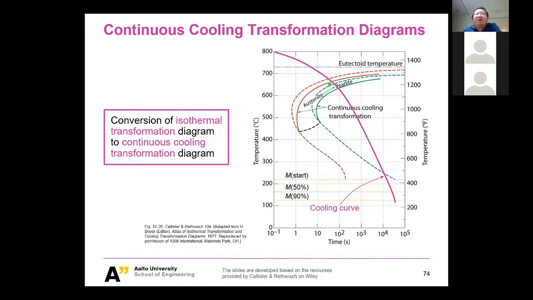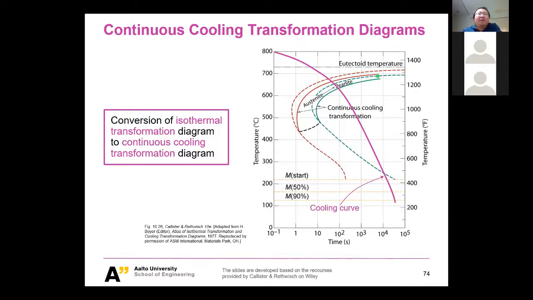And here I'm showing you the difference. So the dashed ones are the so-called isothermal temperature and time curves. And the solid ones are these continuous cooling temperature and time curves. So you can see they differ a little bit, but more or less they're still following the same pattern.